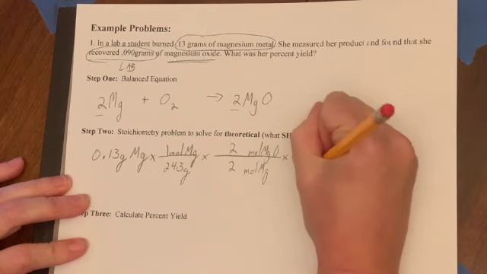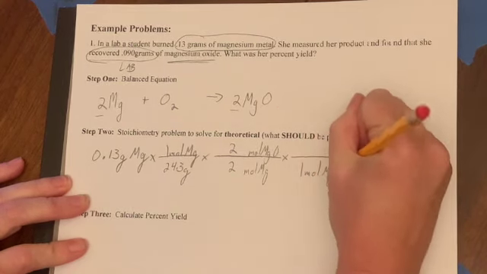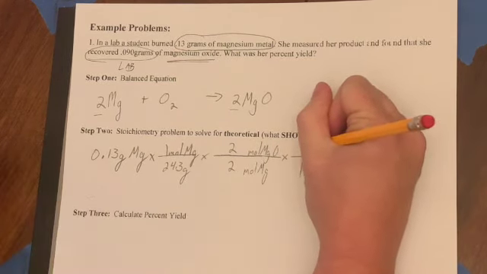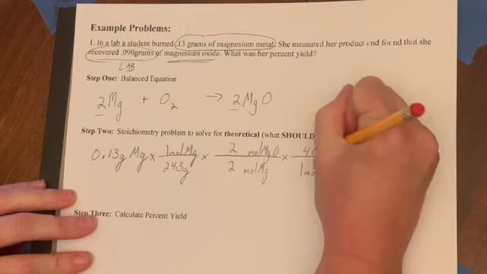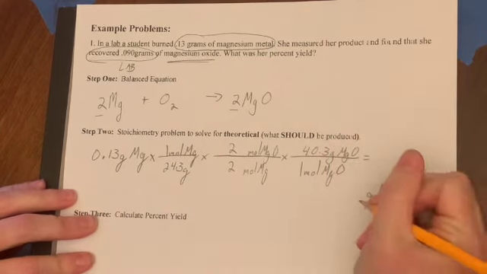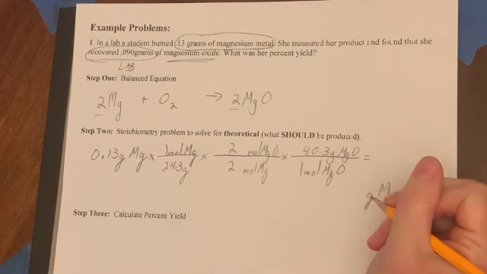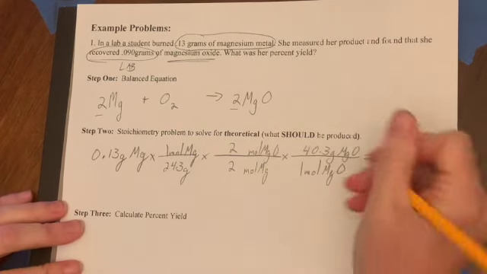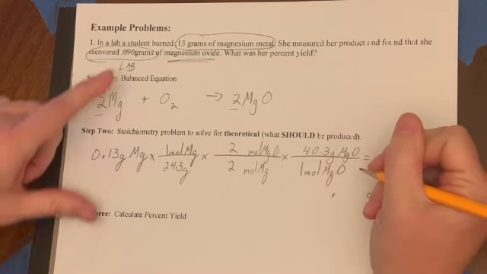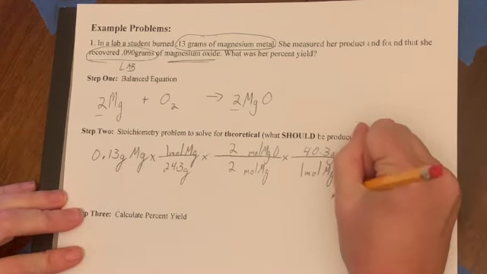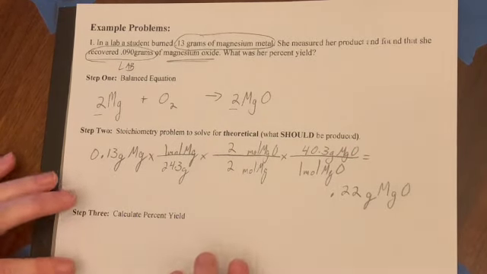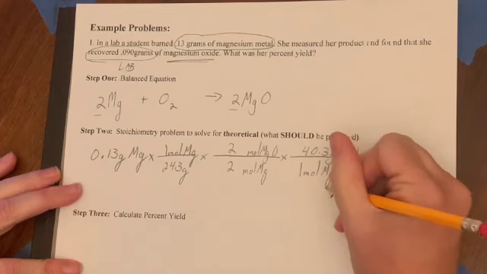And then in 1 mole of magnesium oxide, the mass from the periodic table is 24.3 plus 16, which gives us 40.3 grams. We're then going to put that in our calculator, and you're going to find that the student should have gotten about, if we're being good about significant figures, I gave you 2, so about 0.22 grams of magnesium oxide. That is the theoretical yield.